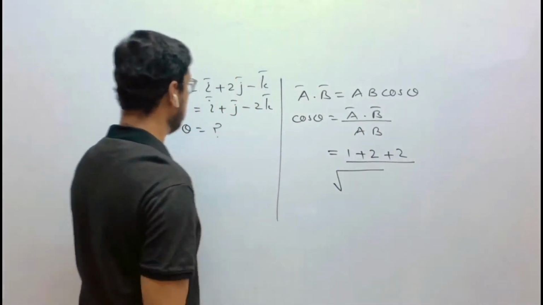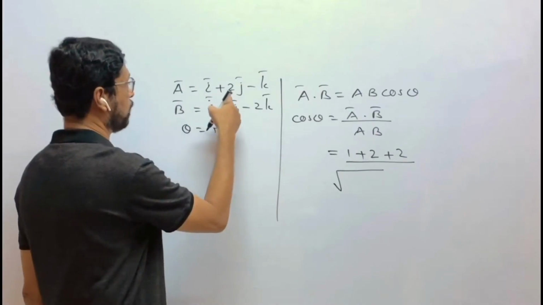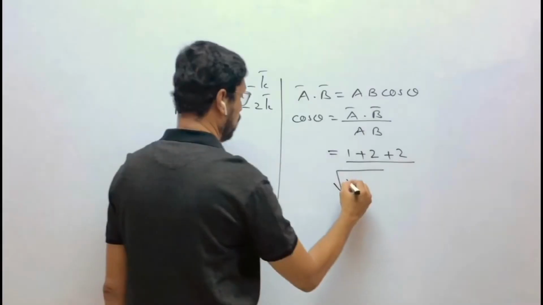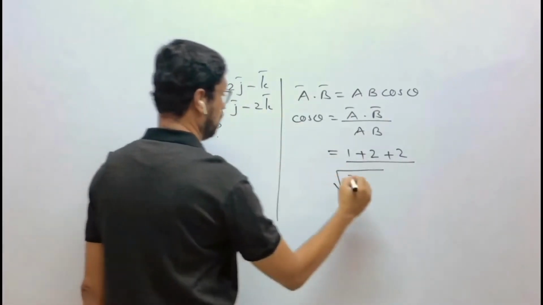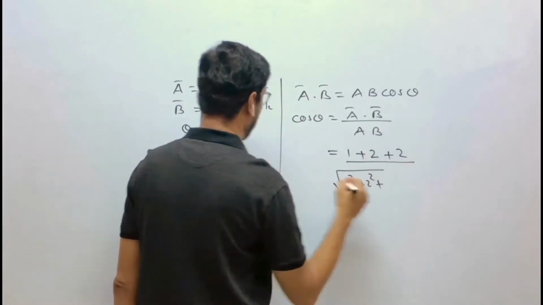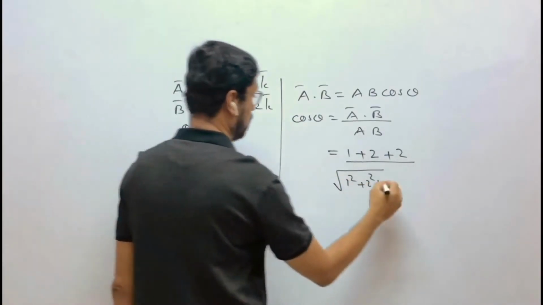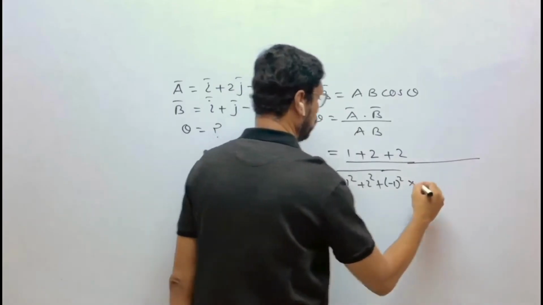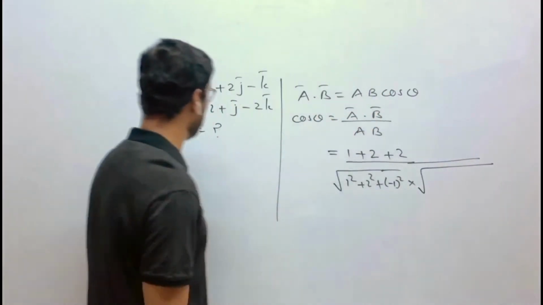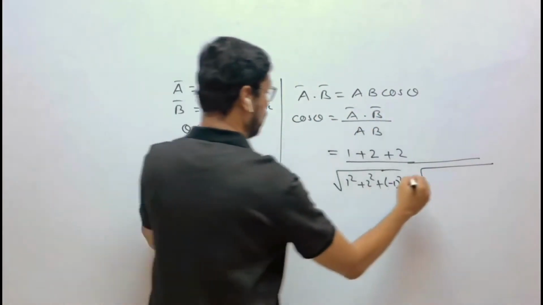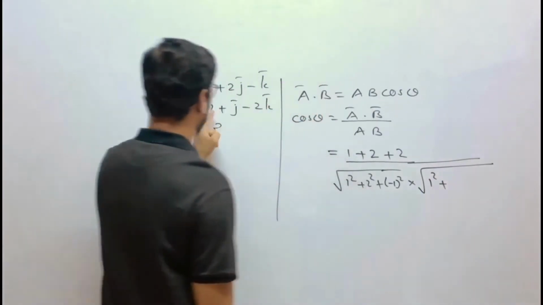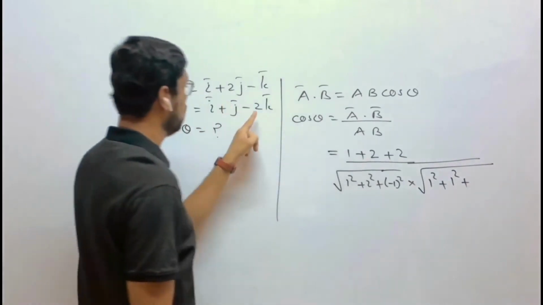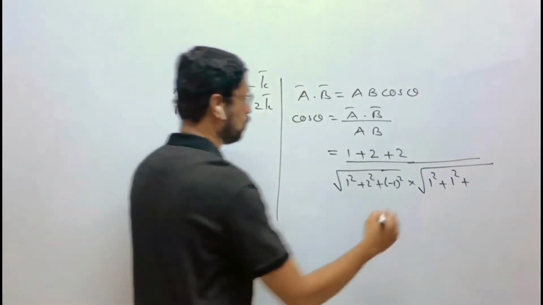Magnitude of A will be root of AX square plus AY square plus AZ square. So it will be root of 1 square plus 2 square plus minus 1 square, into root of 1 square plus 1 square plus minus 2 square.